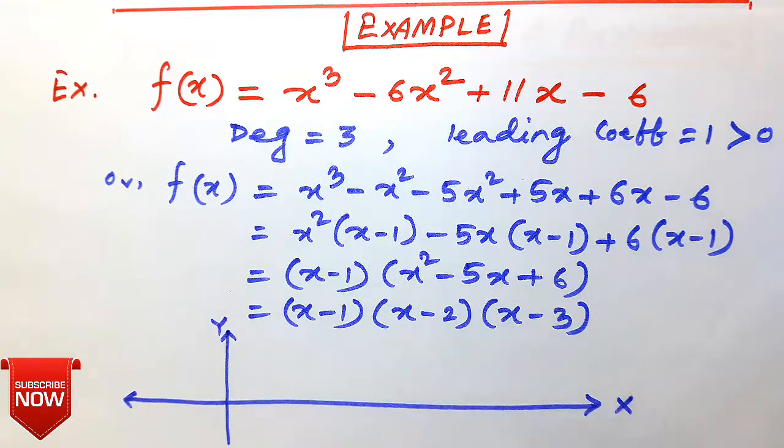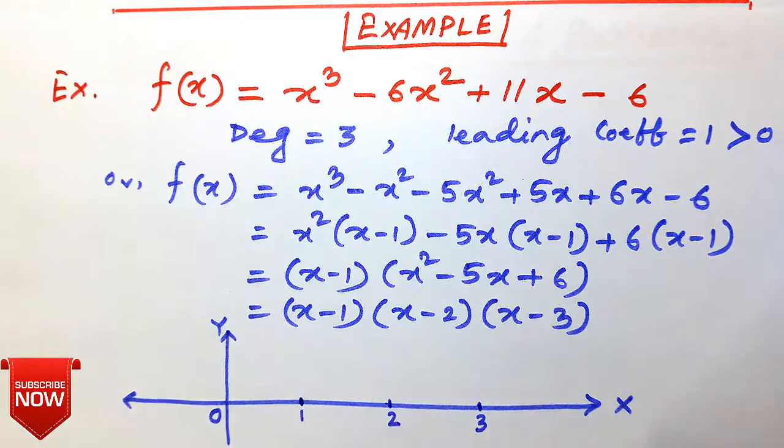This is the real line, this is the origin. So this point is x is equal to 1, this is x is equal to 2, and this one is x is equal to 3. Again I repeat, this is x is equal to 1, this one is x is equal to 2, and this is x is equal to 3.